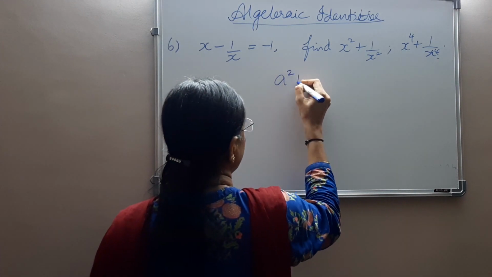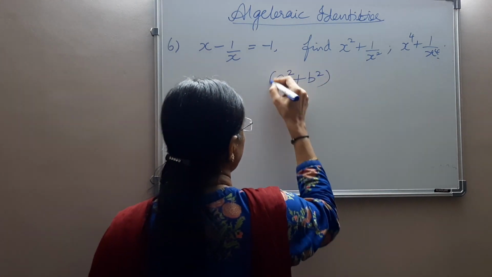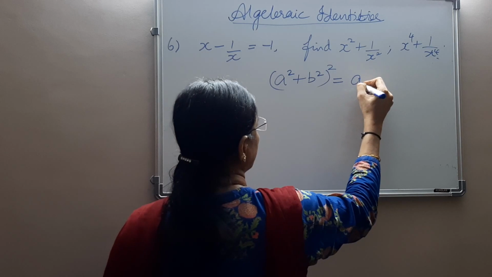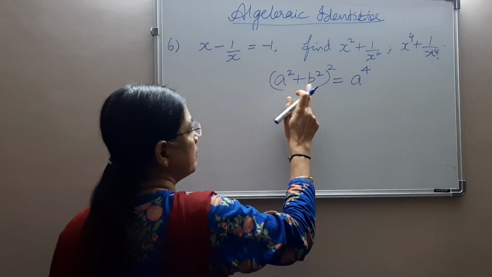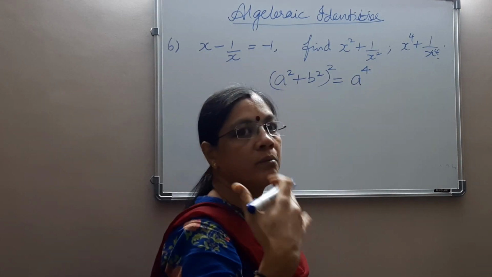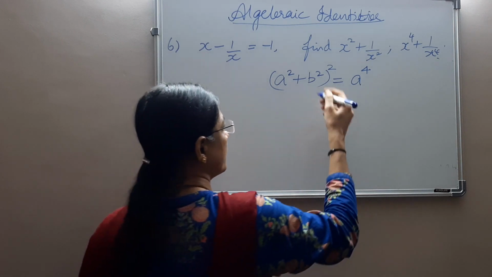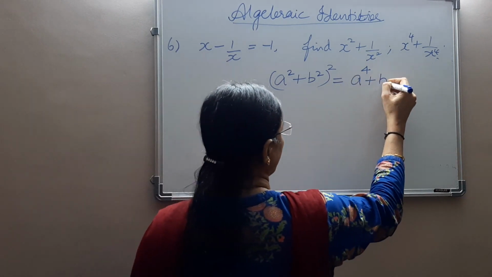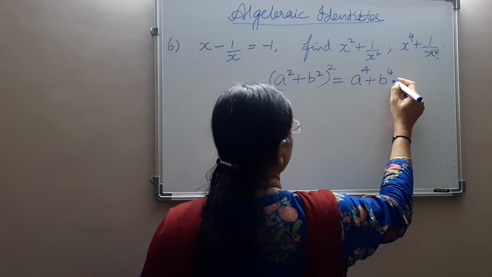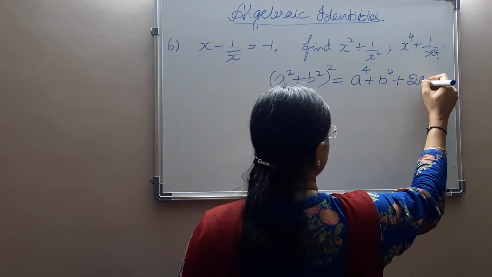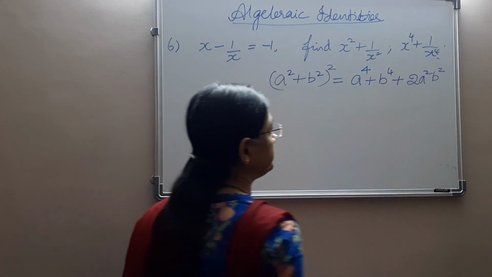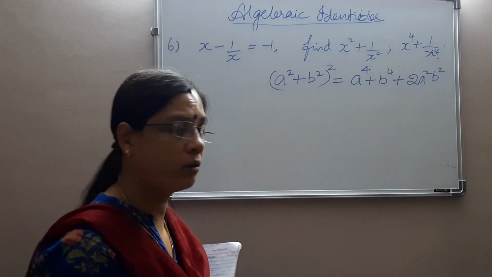So, we write a squared plus b squared the whole squared is equal to, instead of a and b, we take a squared and b squared, because by which we get a power 4. A squared the whole squared will be a power 4 plus b power 4 plus 2 times a squared b squared, or ab the whole squared.